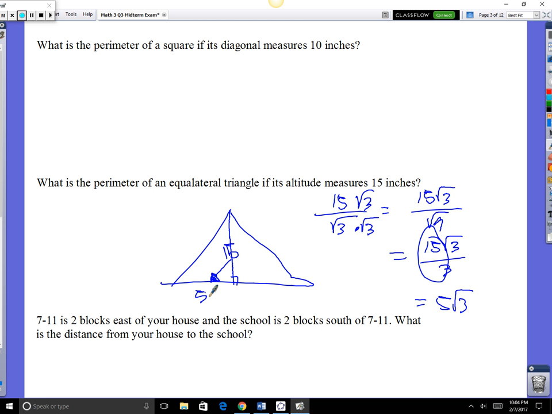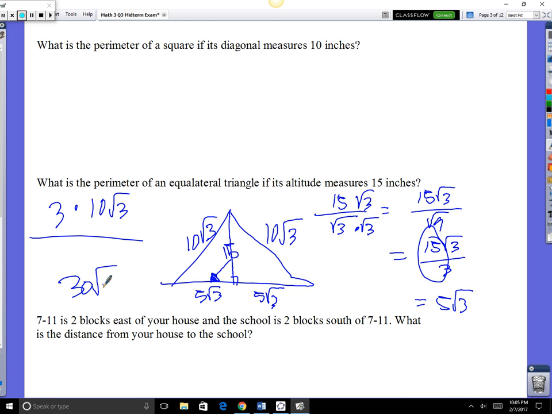So this is 5 square roots of 3. This is 5 square roots of 3. And if I double that, that's 10 square roots of 3. So the perimeter, if I add them all up, that's going to be 10 square roots of 3 times 3, or 10 plus 10 plus 10. So it is 30 square roots of 3.